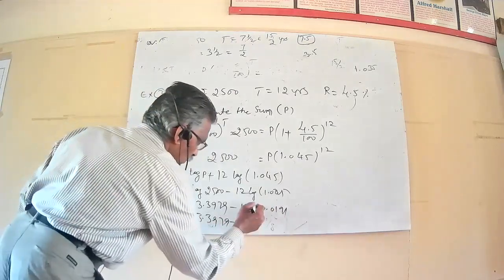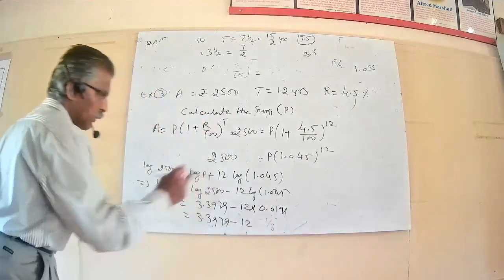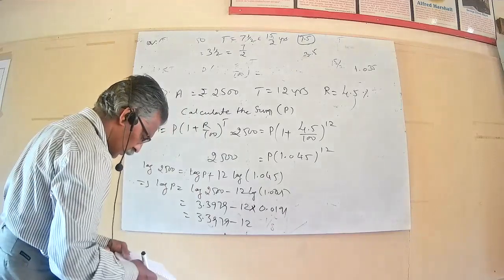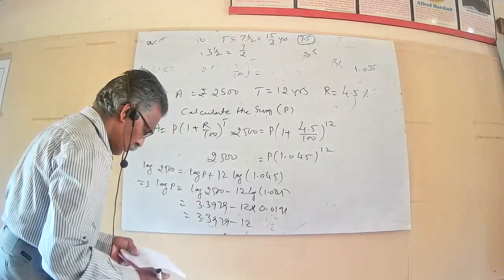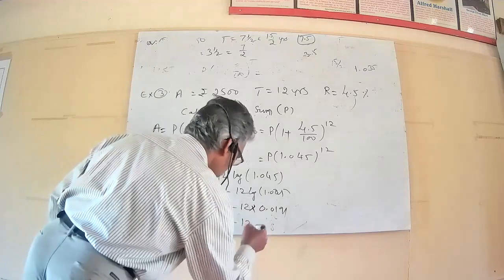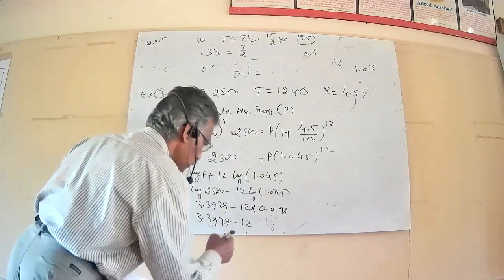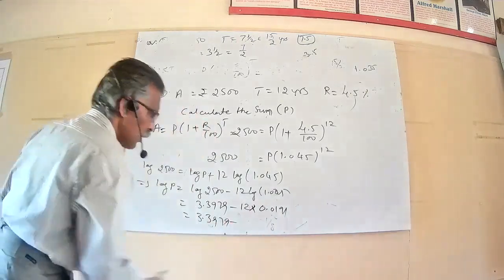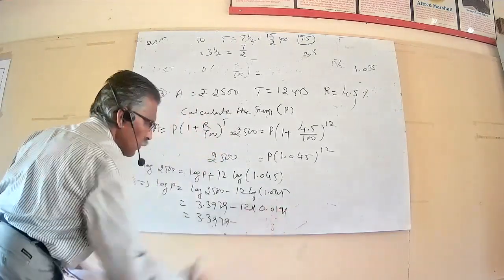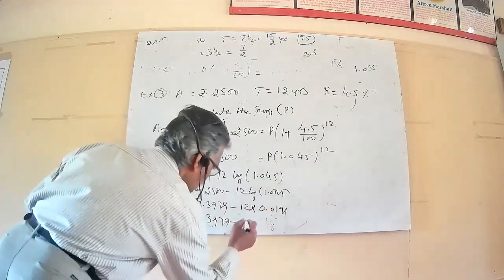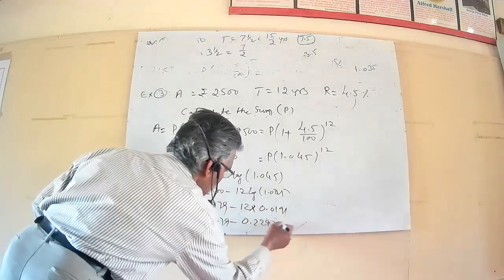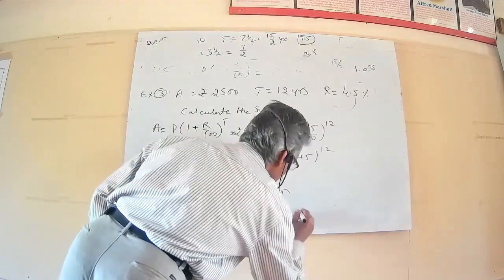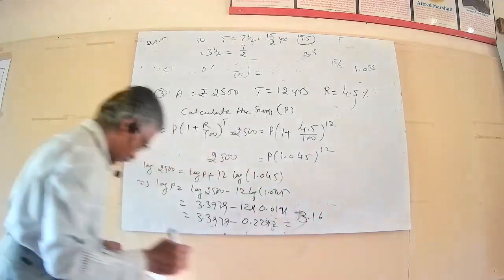You have to do actual multiplication here, not addition. 12 into this gives 0.2292. So that equals 3.1687.